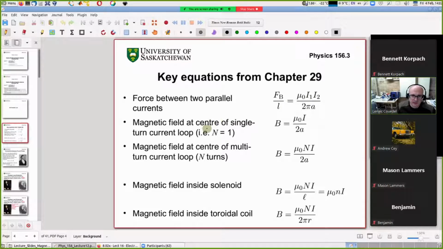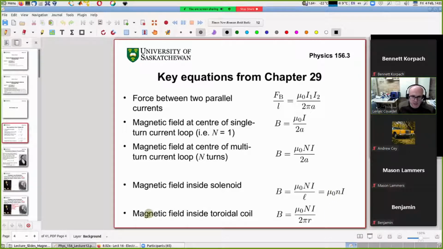We've seen the magnetic field at the center of a single turn current loop, μ0 I over 2a, where a is the radius of the loop. And if you have N turns, you have to multiply this equation by capital N. We've seen the magnetic field inside a solenoid, which is B equals μ0 n I, where n is just capital N, the total number of turns, divided by L, the length of the solenoid, so lowercase n is the number of turns per unit length.